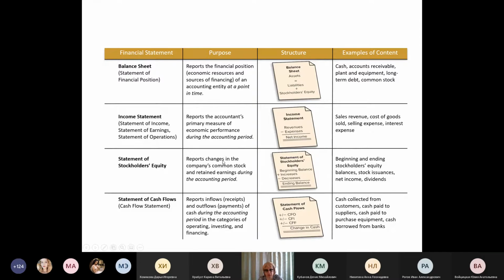So, dear students, I would like to recommend this slide as a good summary of all financial statements. You see, this is a good table with the title of the statement, the purpose of the statement, structure, and examples of content. So I recommend you make a photo or put it in a place where you can see this slide from time to time.